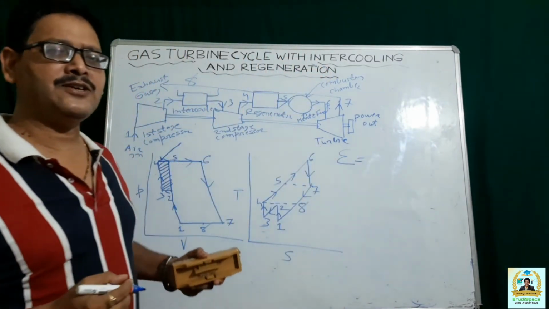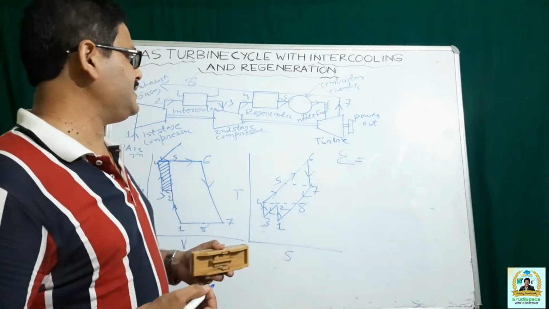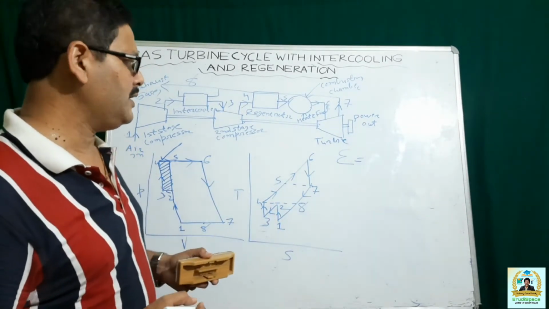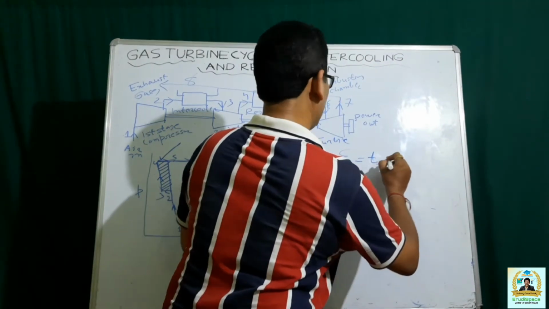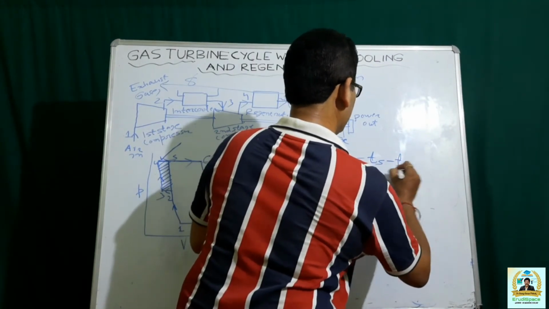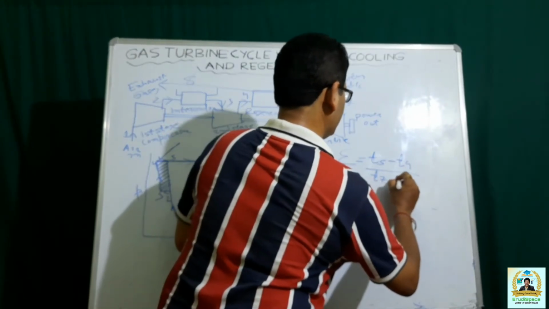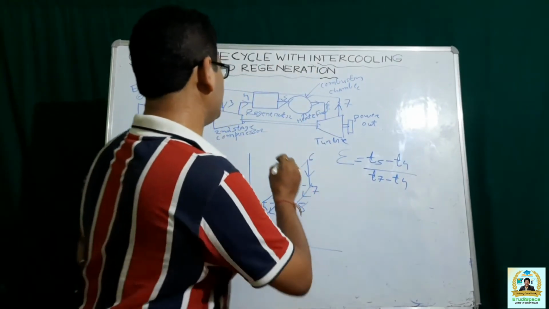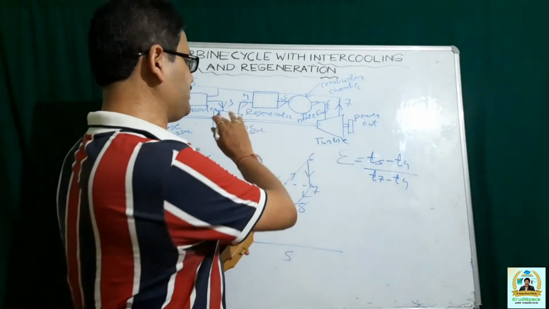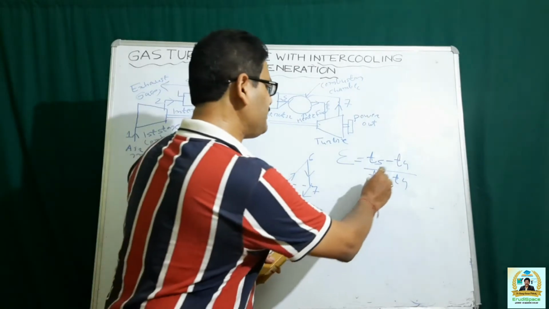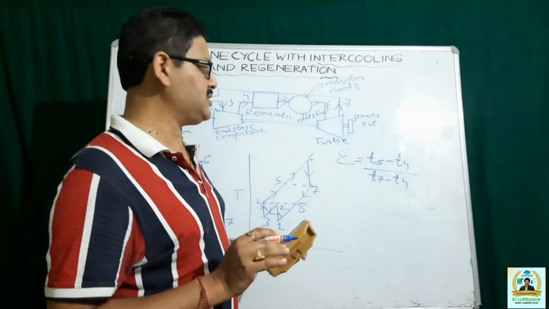Effectiveness is the ratio of the actual temperature rise to the maximum possible temperature rise, and in this case it is T5 minus T4 divided by T7 minus T4, because T5 minus T4 is the actual rise in temperature of the air, and T7 minus T4 is the maximum possible temperature rise that is possible.